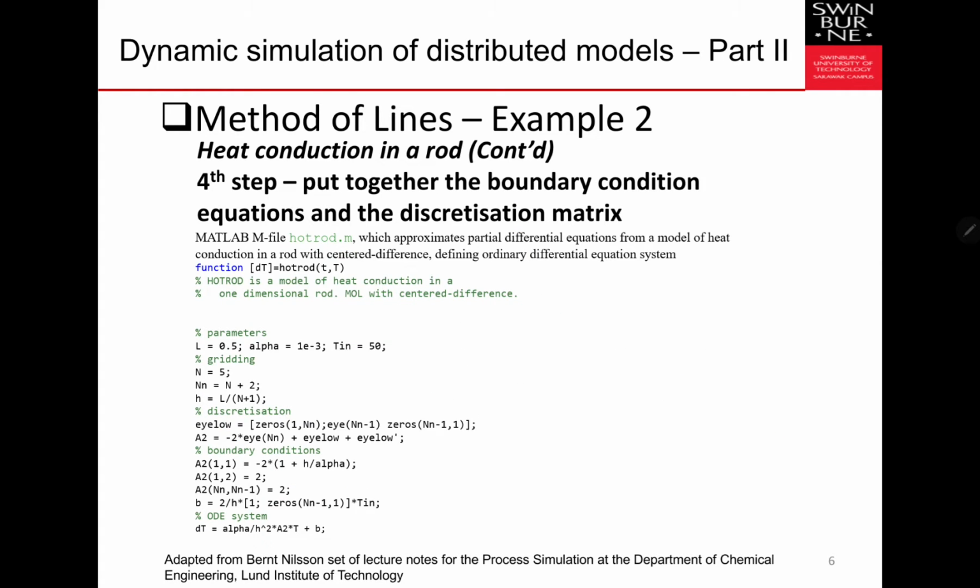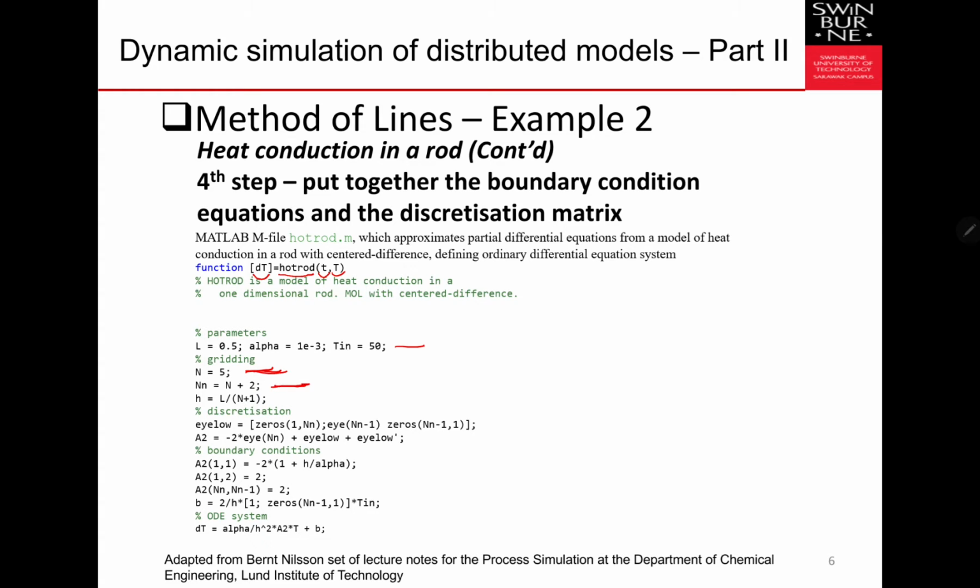This is all put into MATLAB. This MATLAB function, hot rod, has an input of time and temperature, so these are the two arguments. dT here is the value of the right hand side of the differential equations. Then we put in all the values here. This one is the internal grid points.